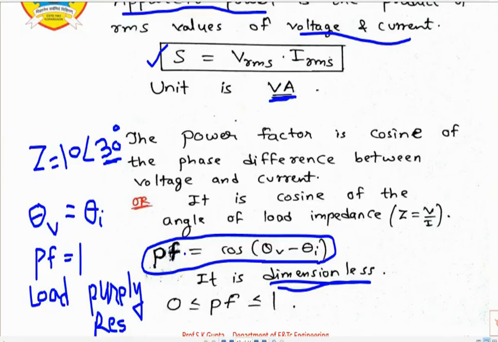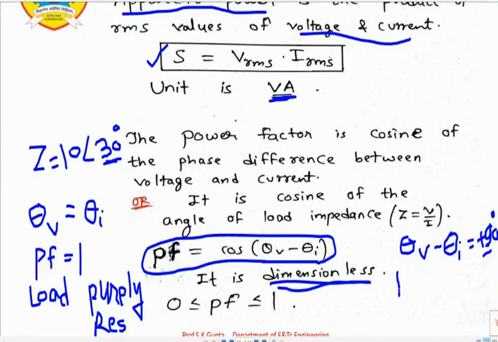Then second case, if theta V minus theta I is plus minus 90 degree, then in that case the power factor value will be 0, because if theta V minus theta I is plus 90 degree, then cos 90 is 0, or if theta V minus theta I is minus 90, the value is also 0.